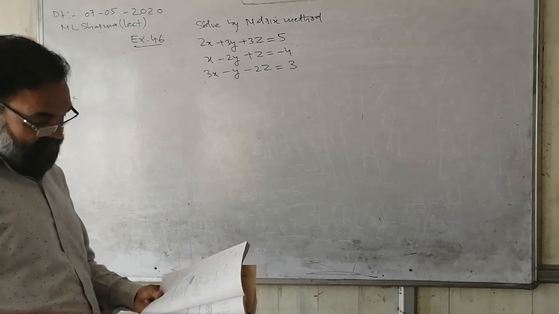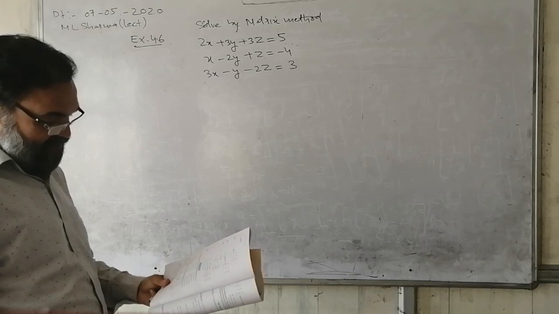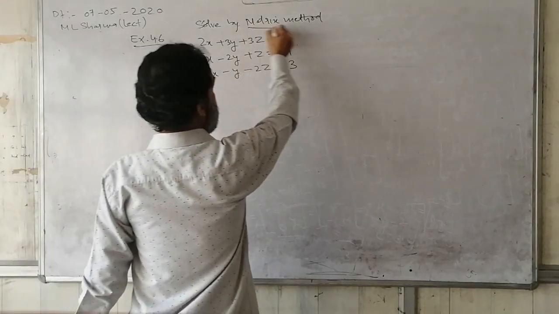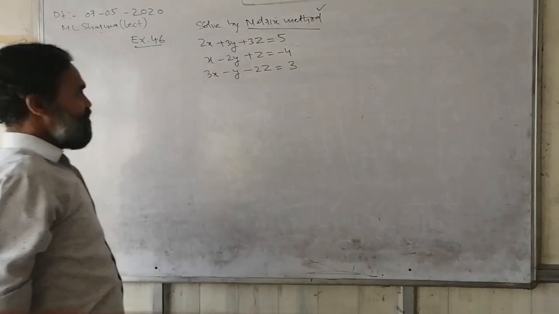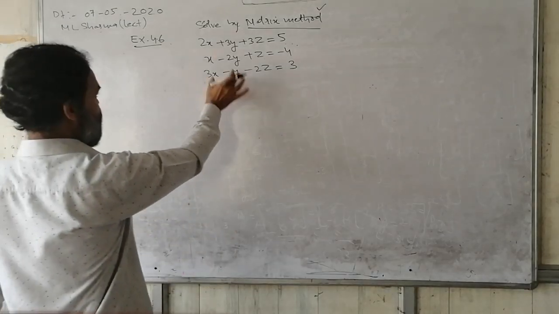So this is a linear equation involving three variables x, y and z. By matrix method, this equation is to be solved. Now the first step in this method is to write this equation in matrix form.